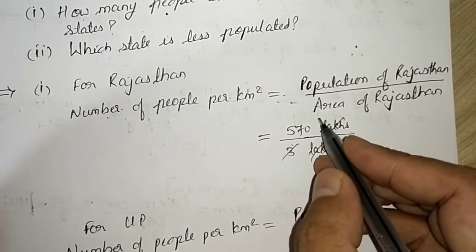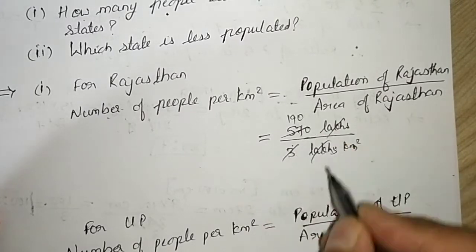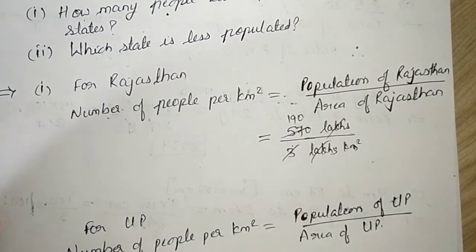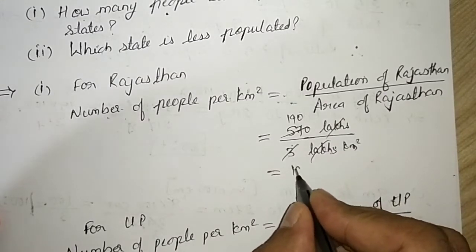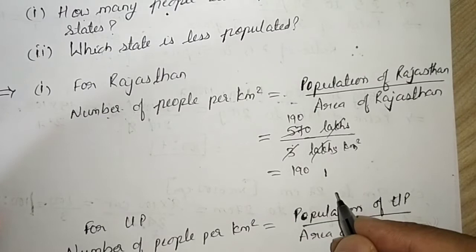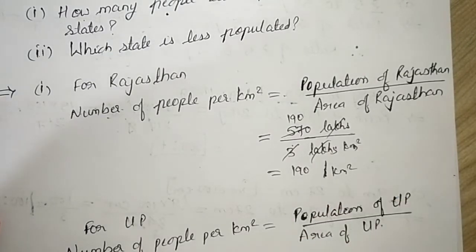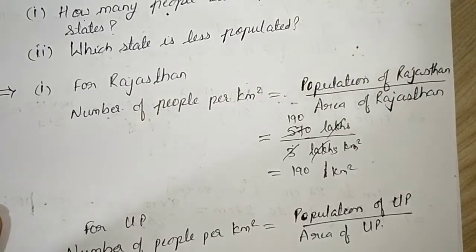So we will write 3 1s are 3 and 3 9s are 27, so 3 190s are 570. So we will write 190 per square kilometer, right? Per square kilometer. This will be our answer.